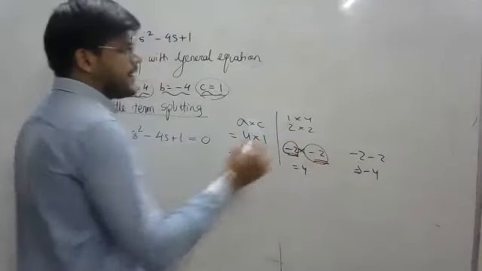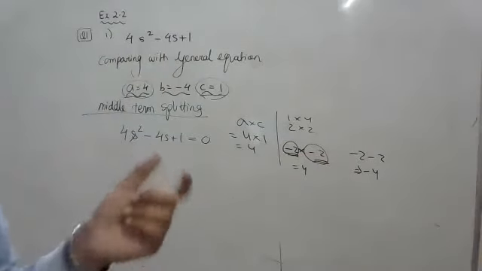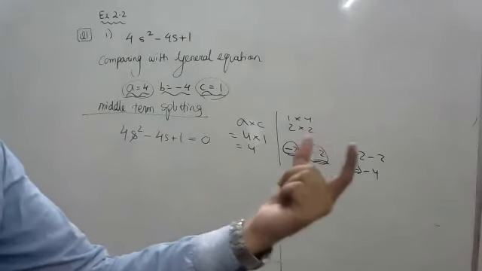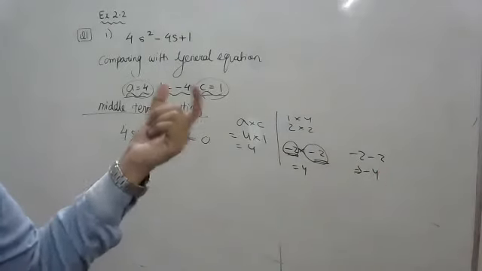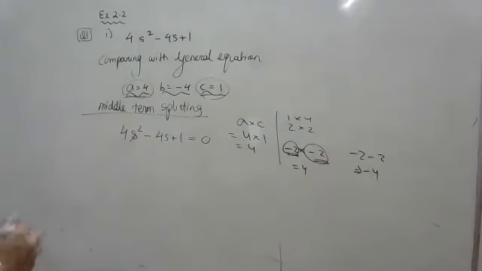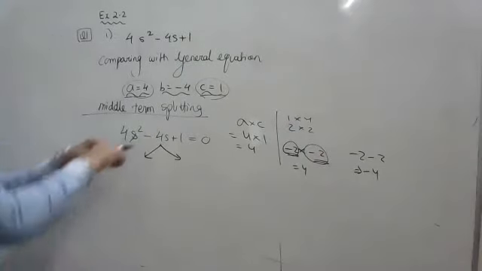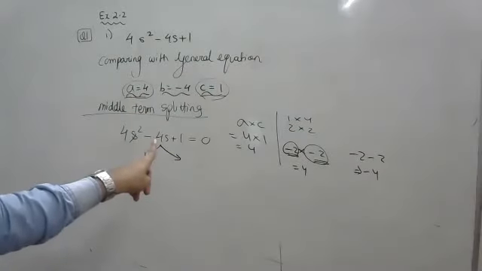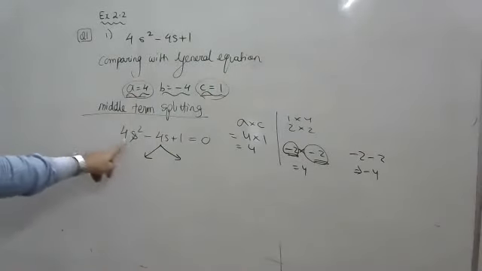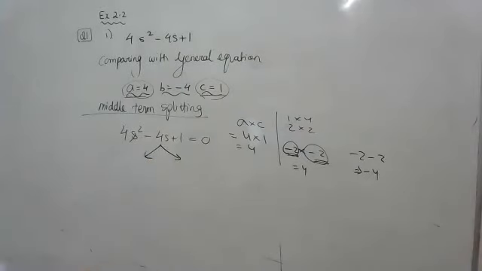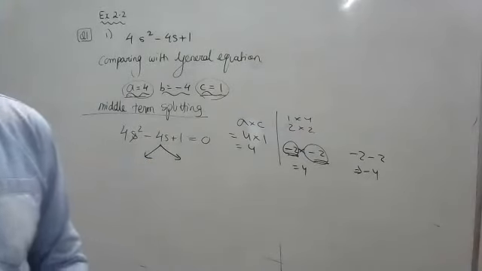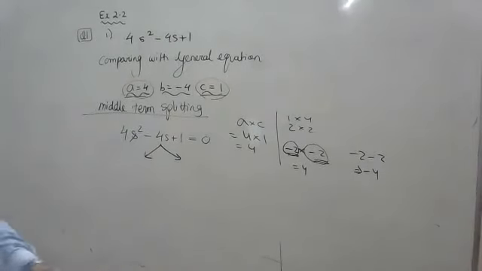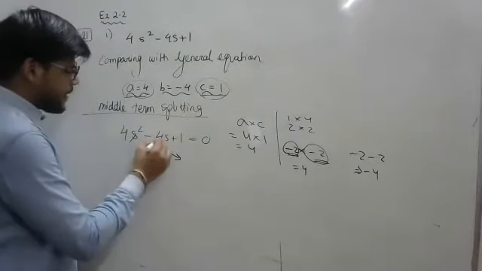Whenever you're finding the middle terms, their product must be equal to this number, and their sum or difference must be equal to B. You are breaking minus 4 into two parts, such that when you add or subtract them, you get the number back, and when you multiply, the product equals the product of first and last. If we take plus 2 and plus 2, will I get minus 4 again?